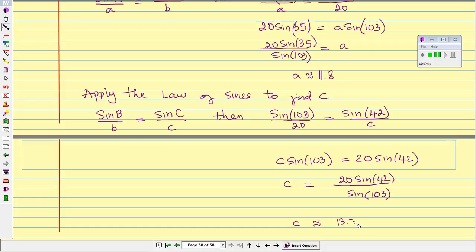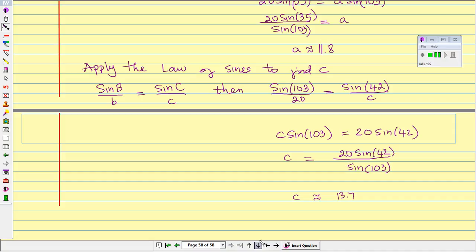Put them in the calculator to end up with c around 13.7. So now we know all the sides and all the angles for our oblique triangle, or non-right triangle.